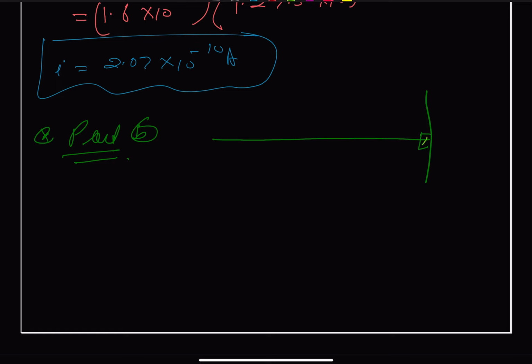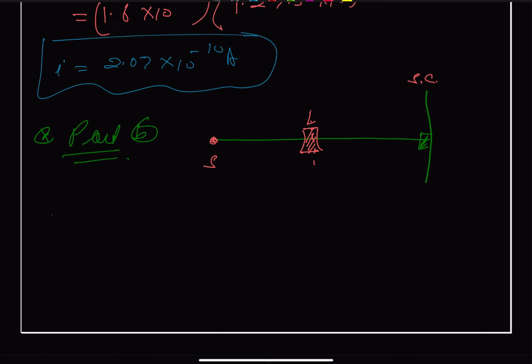So this is our detector, and we have a source, that is our S, and here we have inserted our lens L. Because of this lens L, there will be an image formed, and that is going to act as a virtual source for the screen. This is the screen. So we are going to find out the position of the image.